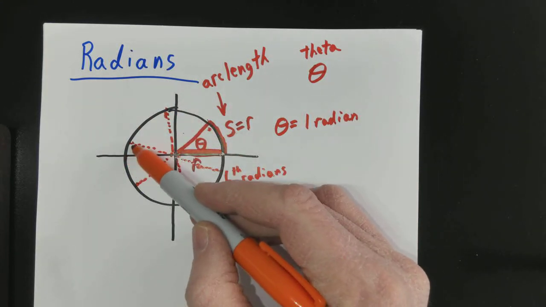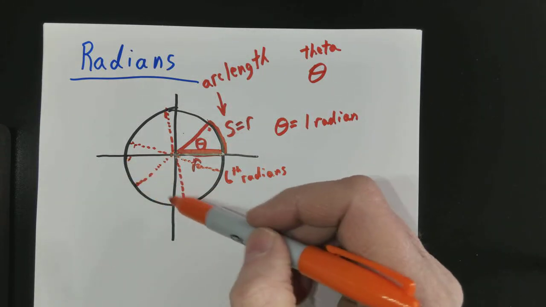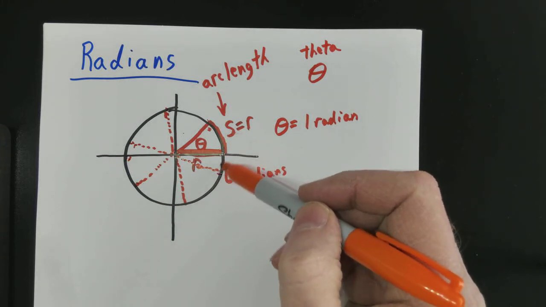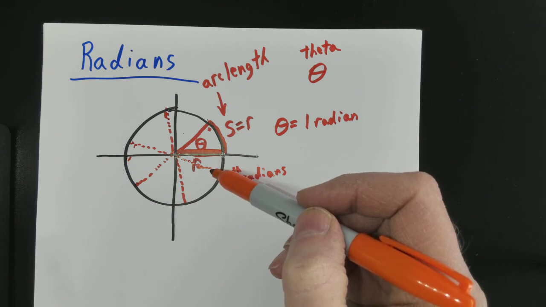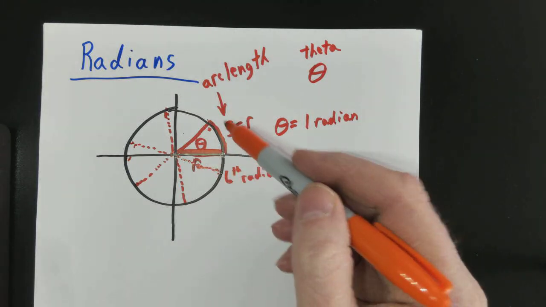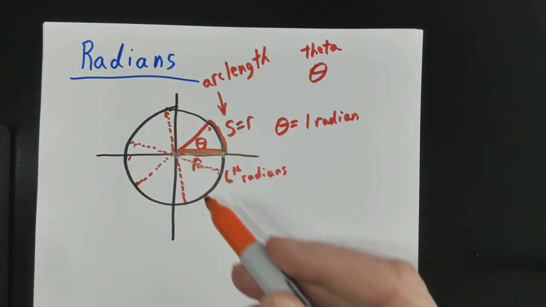That's probably 0.14 there, isn't it? That's half a circle. 4, 5, 6. Double 3.14 is 6.28. Okay, and that is 2 times pi. All the way around is 2 times pi.